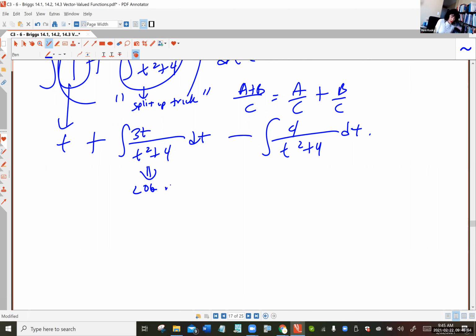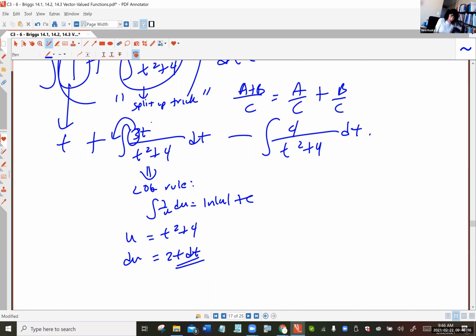This one is going to involve the log rule. What's the log rule? 1 over u du is ln of u plus some constant. So you do need to identify the u and the du on your handwritten work. This 3, you can pull it out front, but the u is the entire denominator and du is 2t dt. So t and dt are already in the integrand.